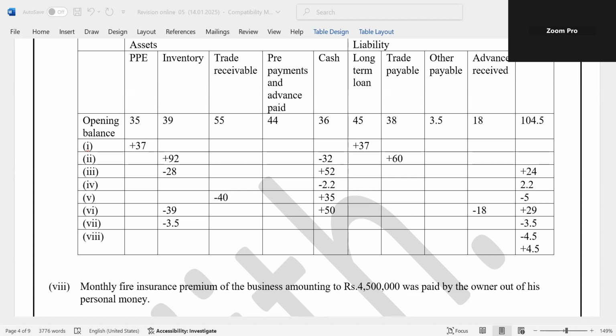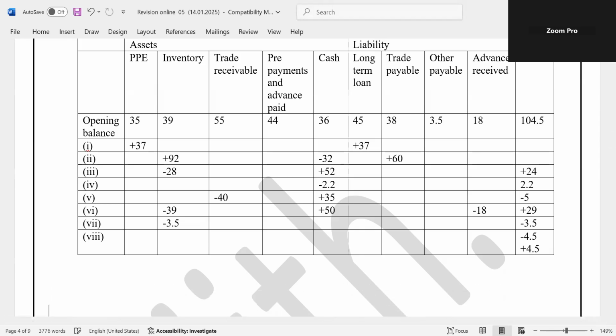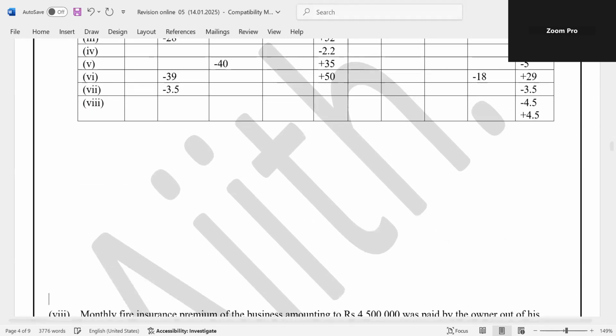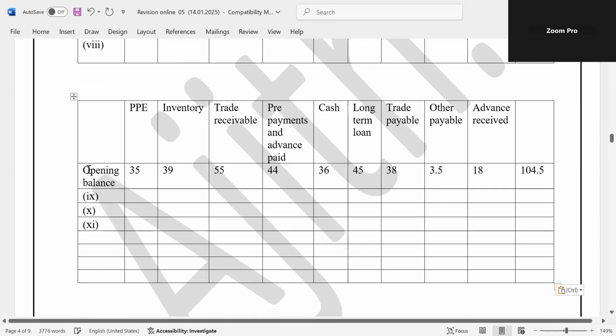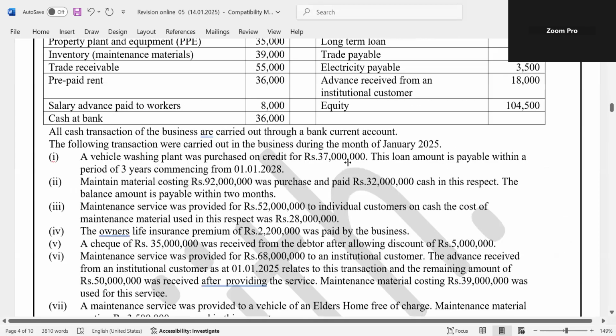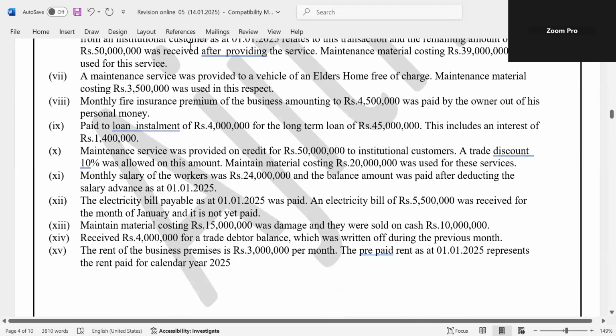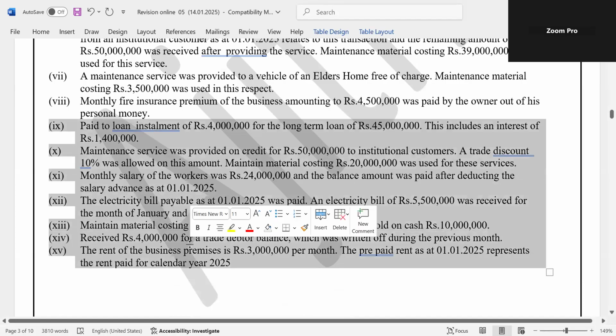Record it, ninth one. Record values in million.